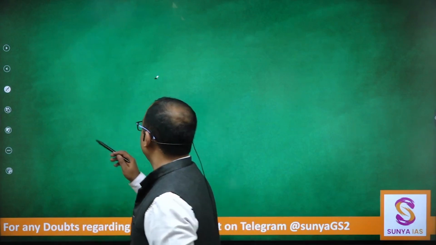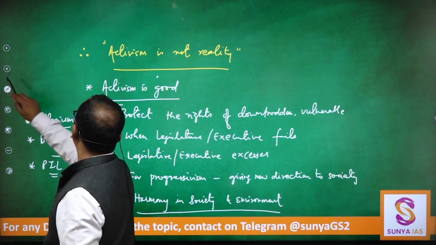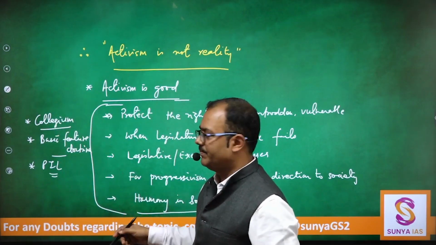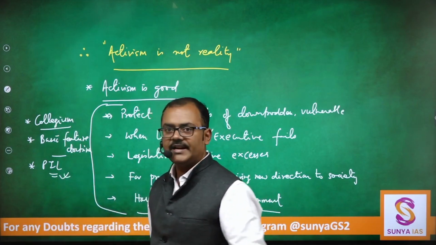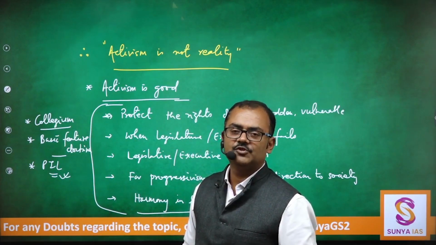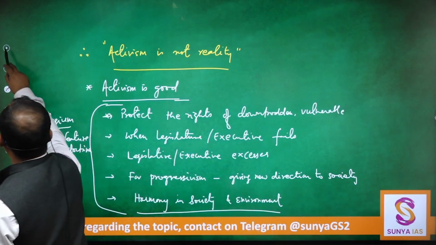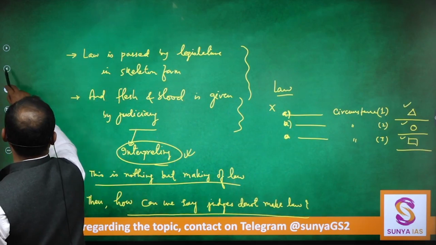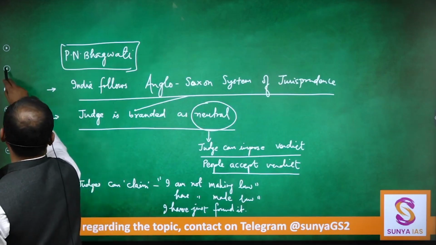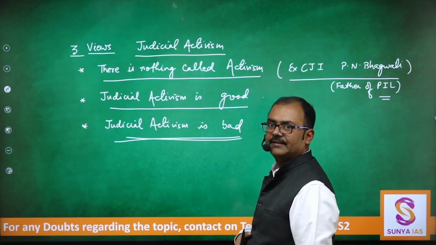So this view, when we say activism is good, so it's good. PIL we have seen, and I talked about lots of advantages of PIL, that it seems to prove that activism is good. And naturally there is another group of people, like the executive and legislature, who say activism is bad.